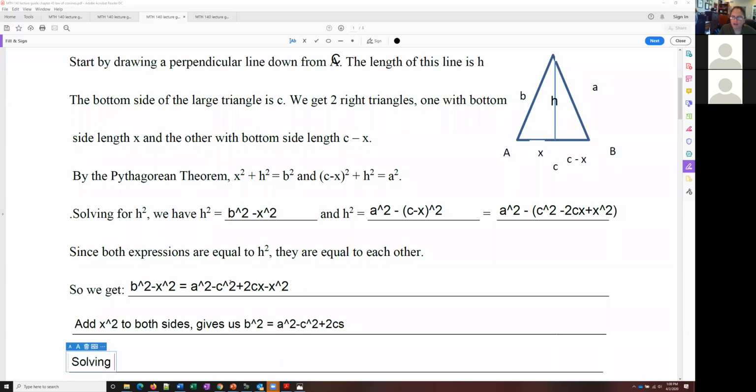So right here, does this part look okay to everybody? If I get rid of my parentheses up here, I have a squared minus c squared, and then I have a plus 2cx, and then a minus x squared, right?